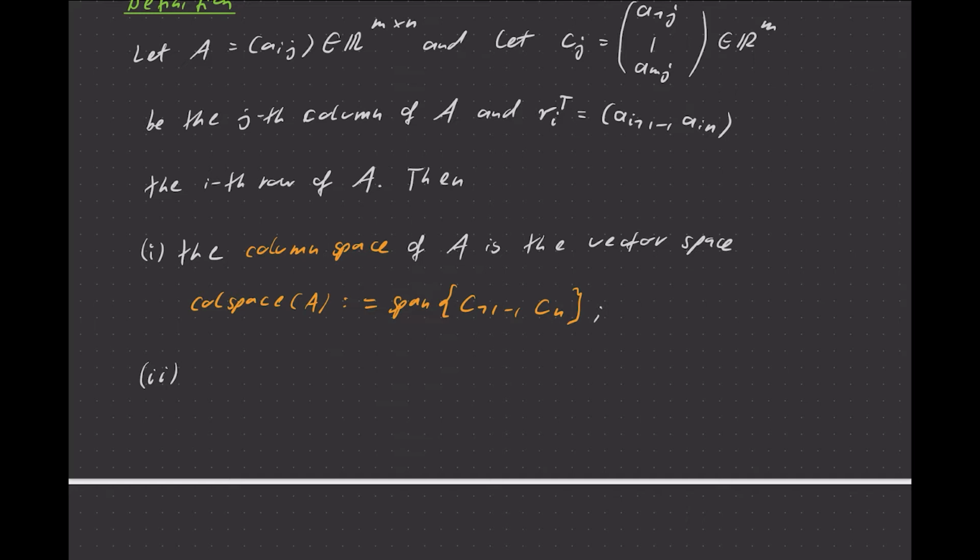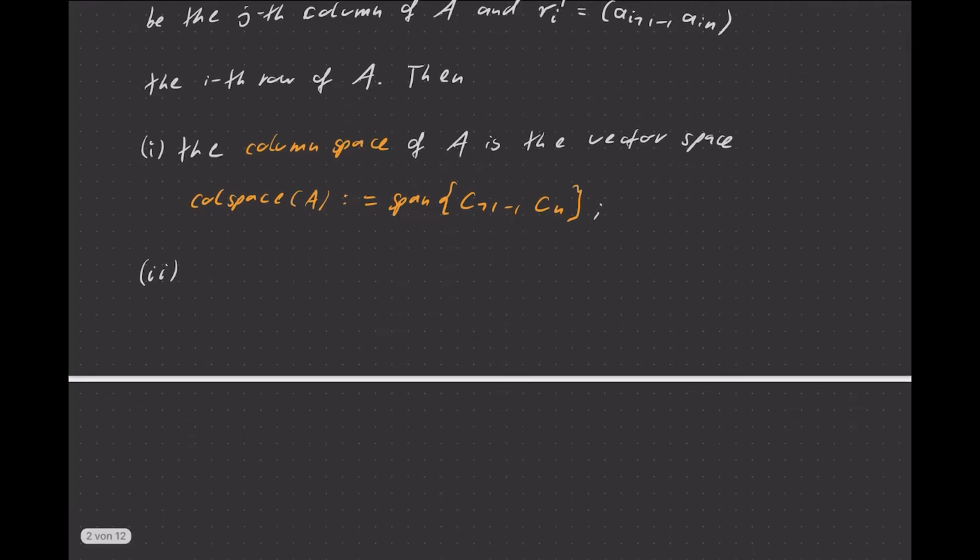Part 2. In a similar way, we can also define a row space, of course. So the row space of A is the vector space.